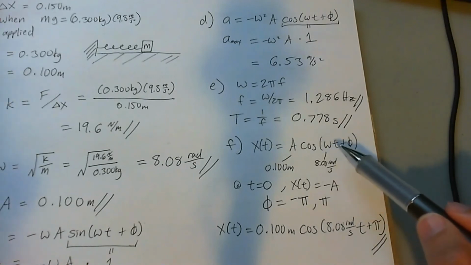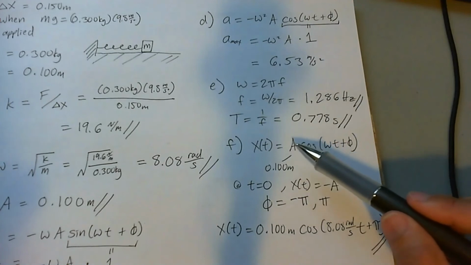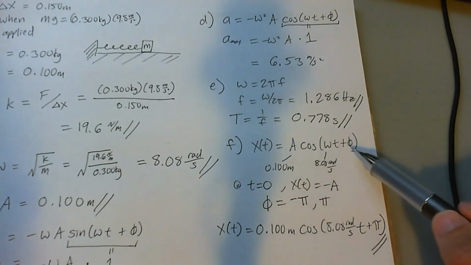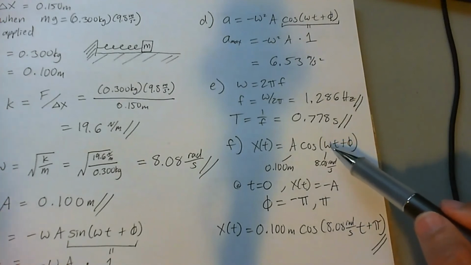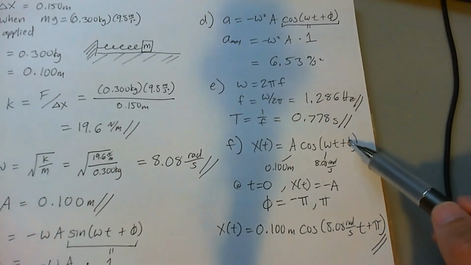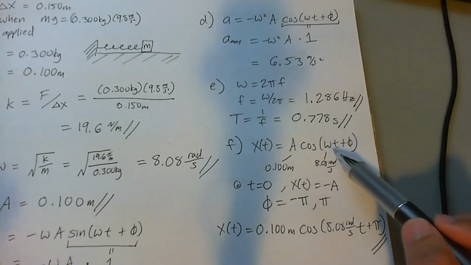Once that's the case, then you have x of 0 is equal to A cosine of phi by itself. Now, it's a lot easier to figure out what phi is if you somehow make this t equal to 0. If you don't have t equals 0, you can still theoretically find what phi is. And we're going to get into more complicated problems involving phi later on. So anyway, again, we made t equals 0.